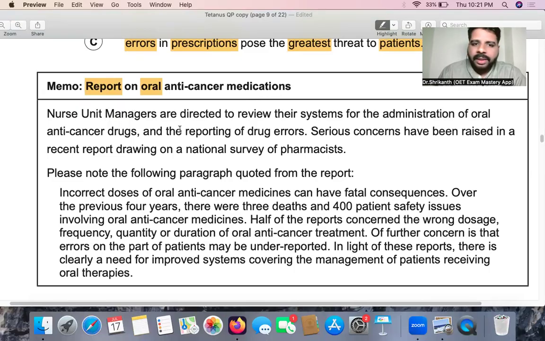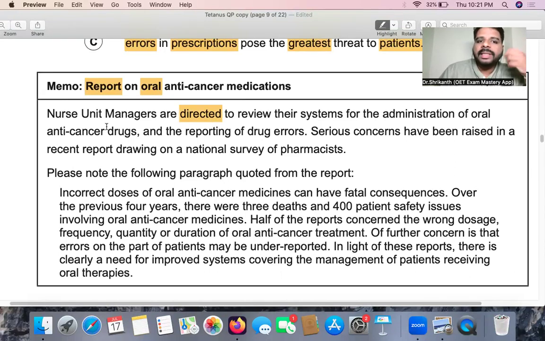Nurse unit managers are directed to review their systems for the administration of oral anti-cancer drugs and the reporting of drug errors. So this is an instruction. Directed means I direct you to do this, I direct you to do that. It means I am instructing, so this is a synonym for instruction.